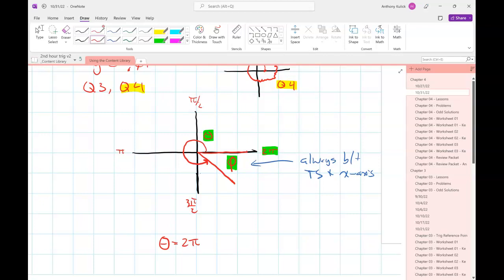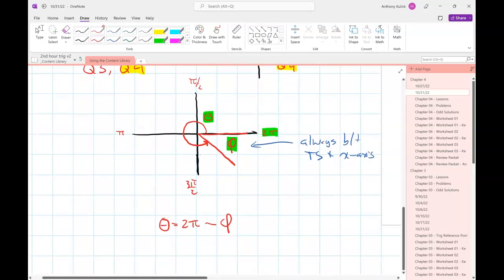How much should I be subtracting? That angle phi. Everybody's cool with that? So if I'm able to find that angle phi, I then have my angle theta. Everybody's okay with that? Okay.